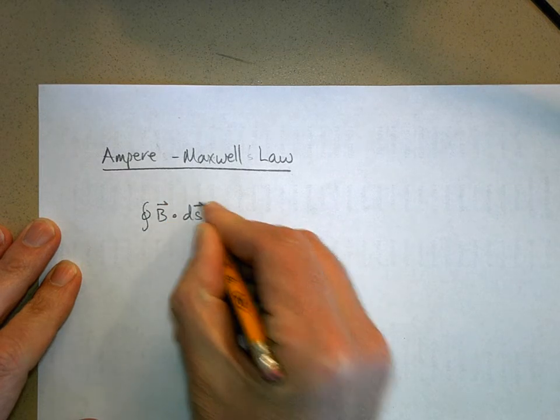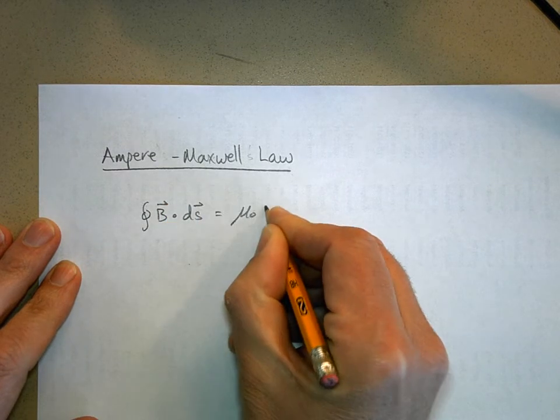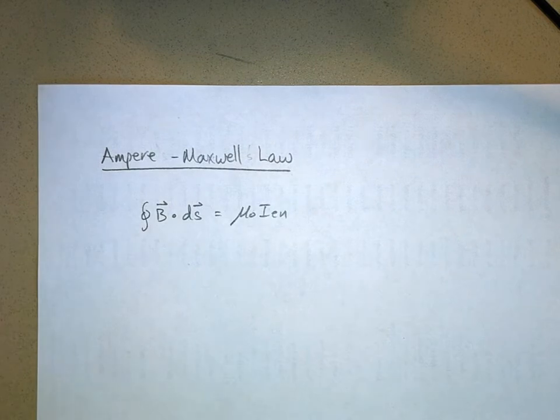Okay, so Ampere's law basically says this: the closed integral of B dot ds equals mu naught times I enclosed. This is pretty scary looking, but remember what it means. It comes from the Biot-Savart law, which says that the source of magnetic fields is a current. What creates a magnetic field? A current does.